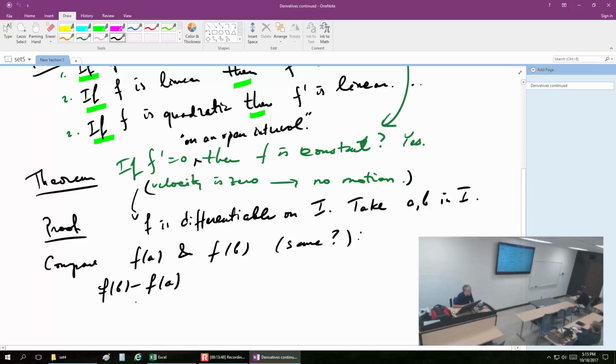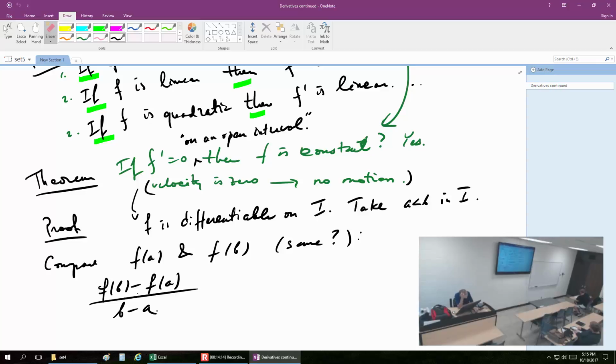Remember the mean value theorem had a fraction, and this was the numerator. What was in the denominator? b minus a. I intentionally corrected myself there to indicate that a is less than b, so that we would not have any trouble with the signs.